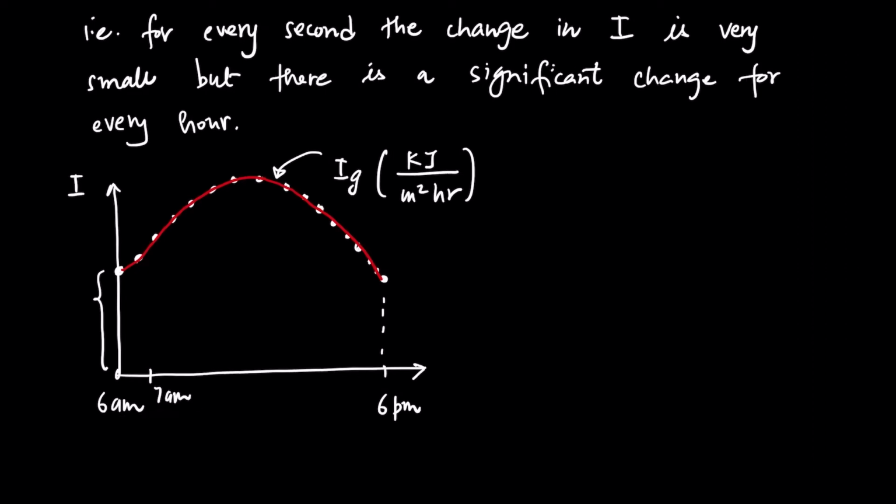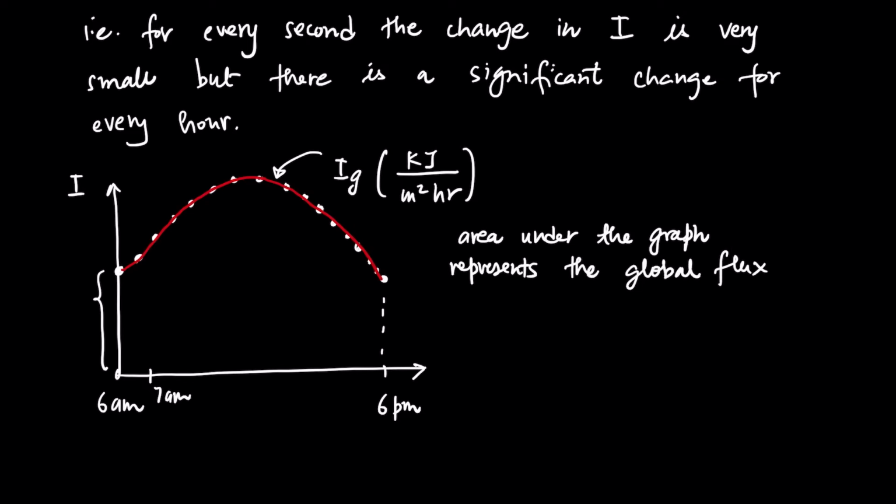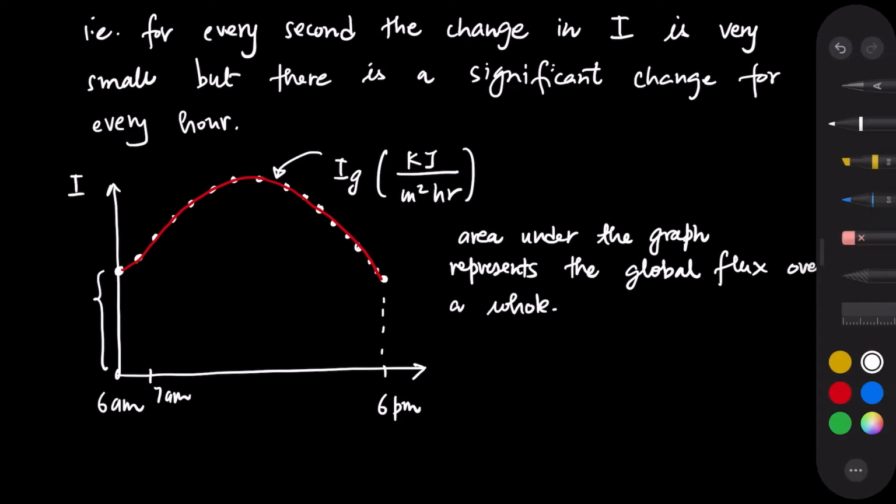Now the area under this graph represents the global flux over a whole day. What does this mean?